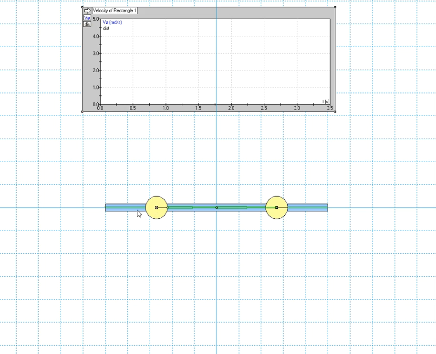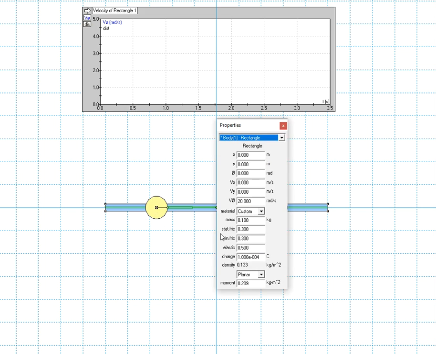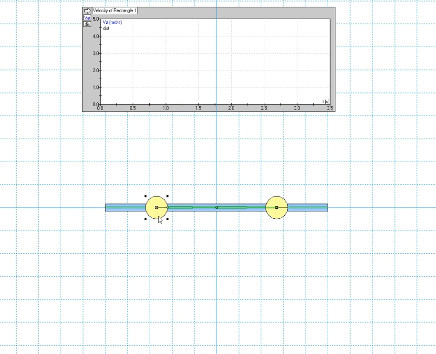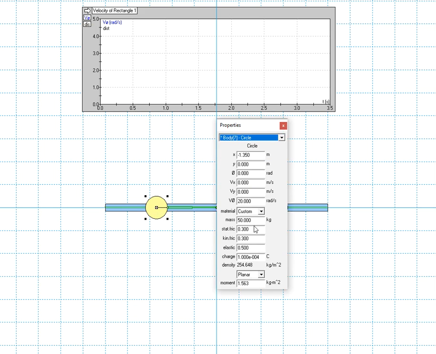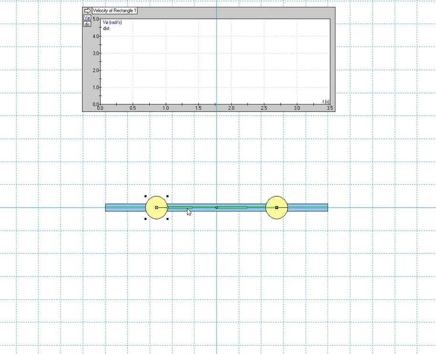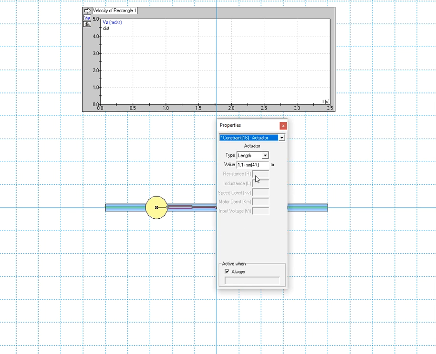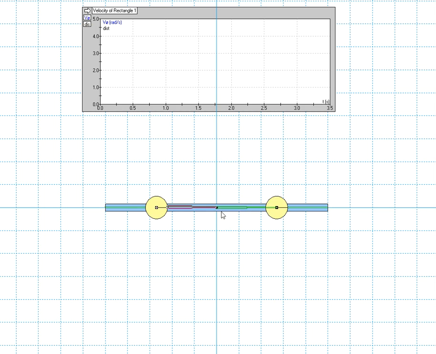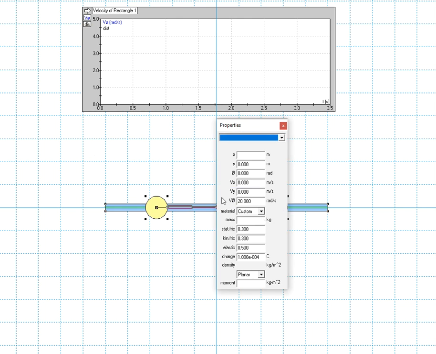If the rectangle is only 0.1 kilogram, the discs are 50 kilogram each, and then there are actuators that change their length sinusoidally, same amount about the center, and all bodies have an initial angular velocity of 20 radians per second.